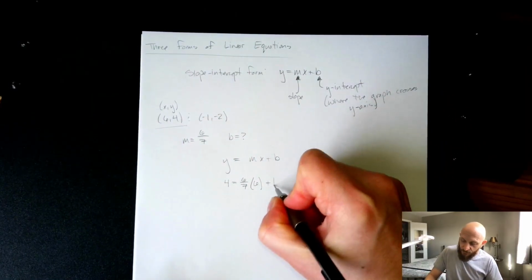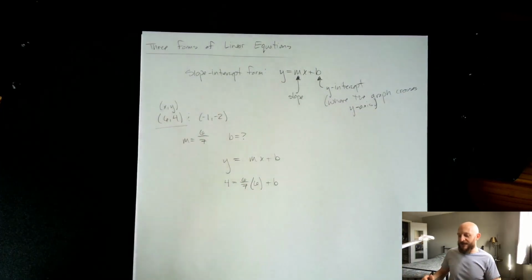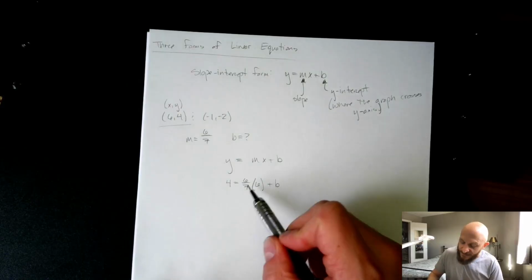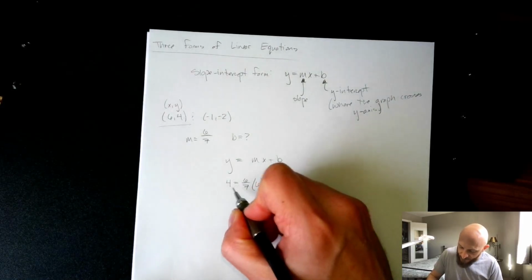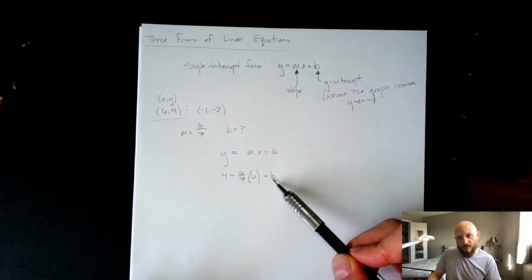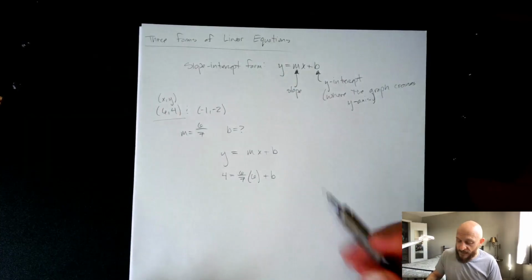I chose these coordinates kind of randomly, by the way, so it's already looking like this is going to turn into not the prettiest y-intercept. And then we just solve for b, because now b is the only variable in this equation.